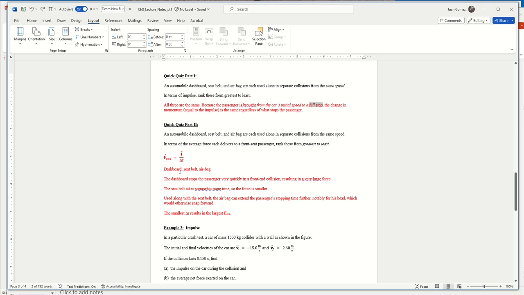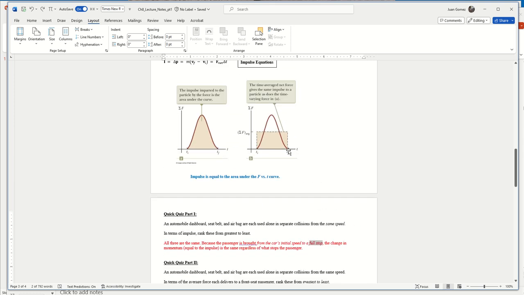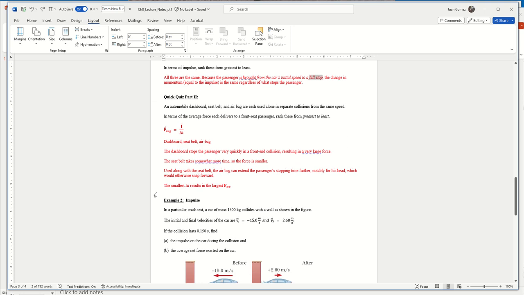But the delta t, the time it takes for the passenger to come to a stop, is greatest for the airbag, middle for the seatbelt, and shortest for the dashboard.